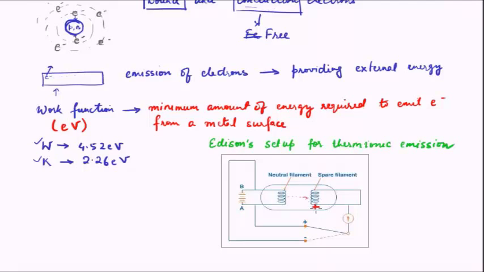Now in the second case, he switched this switch from the positive terminal to the negative terminal. As a result, what happened? This spare filament turned negatively charged. Now when this became negatively charged, the electrons were generated here, but since it was negatively charged, they were not attracted towards this filament.